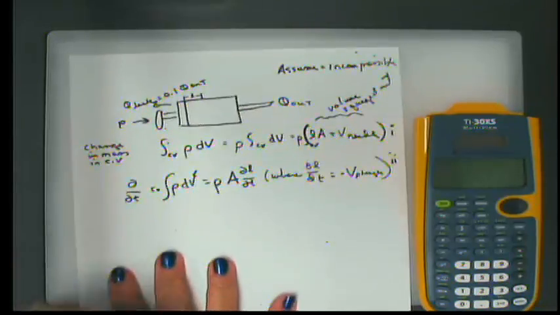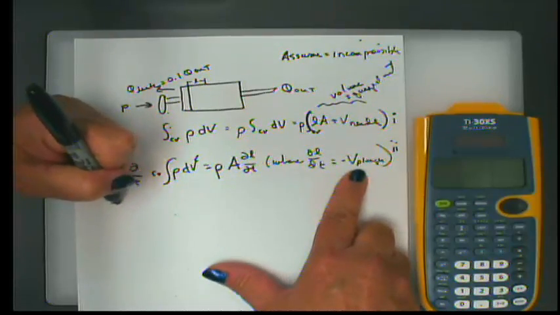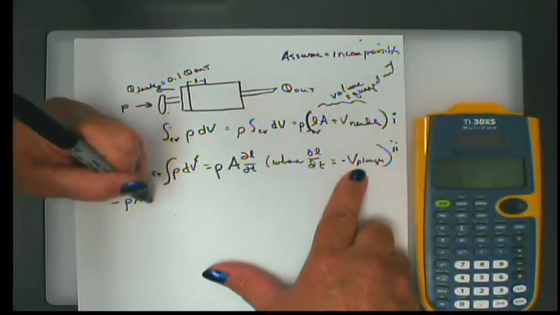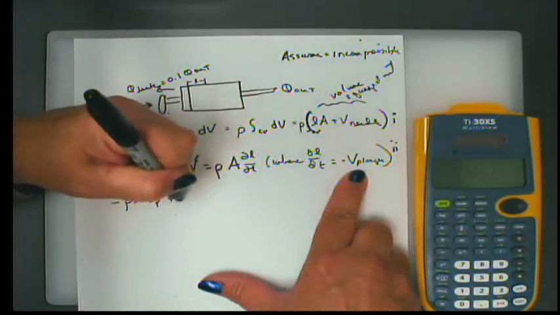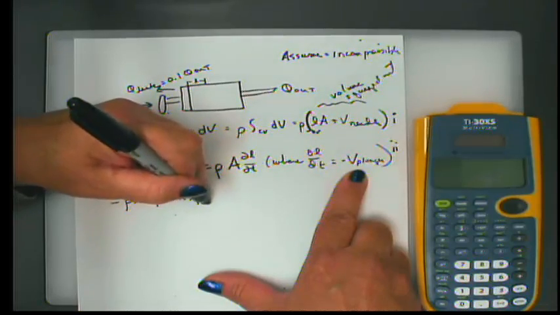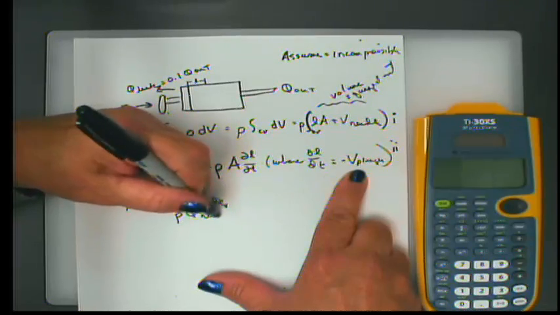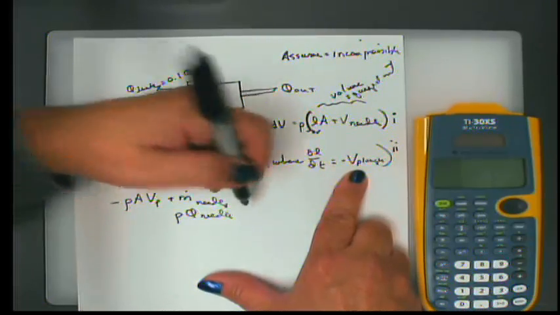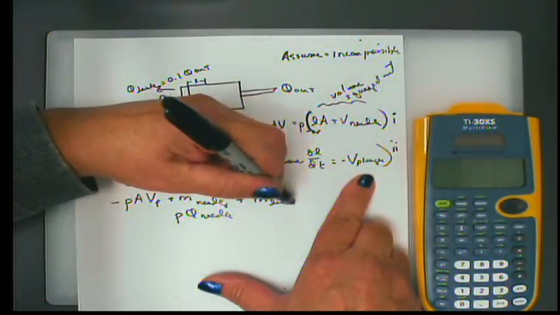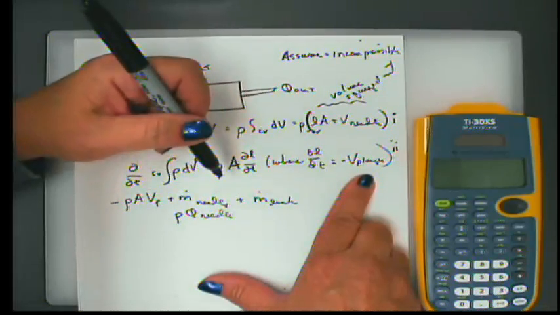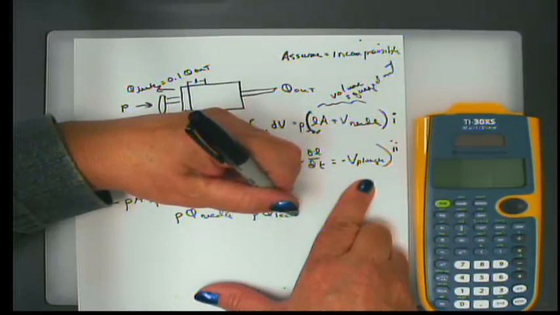All right. Well, if we combine these ideas, then we can say minus rho A V of the plunger plus m dot in the needle, which is rho times Q of the needle, plus m dot of the leak, which is rho Q of the leak.